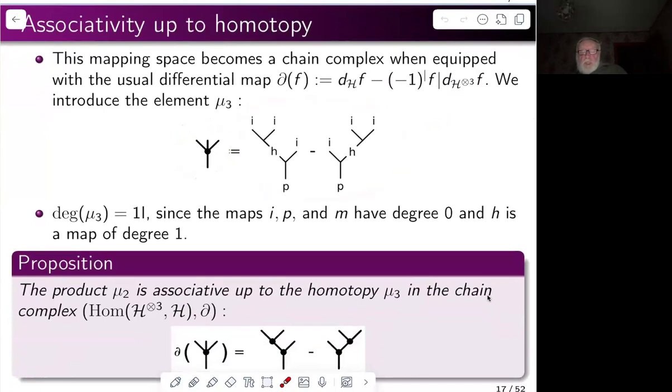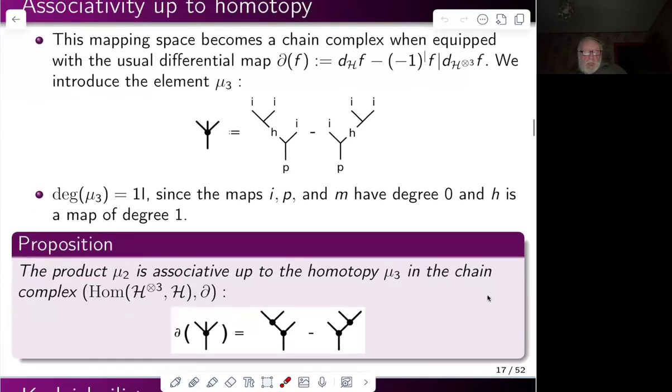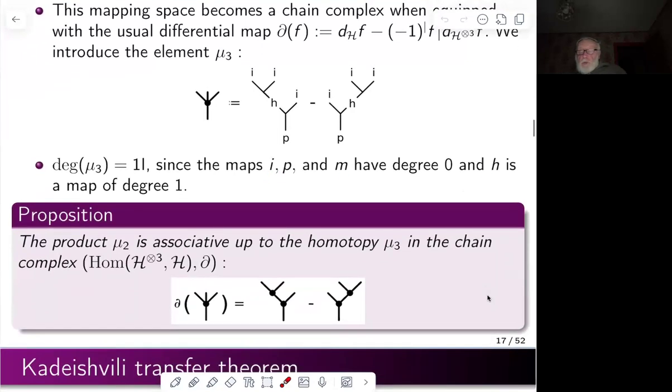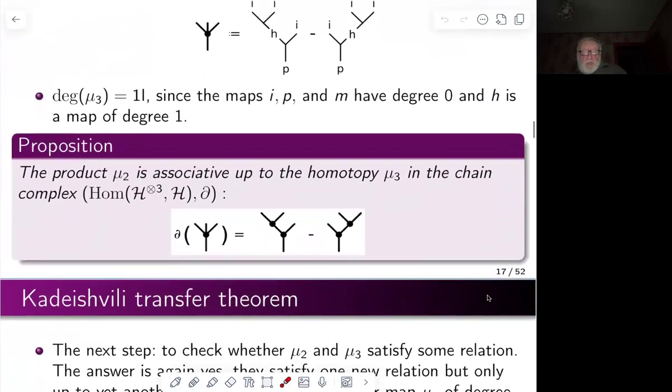And we suppose that this associator has degree 1, since our maps I, P, and M have degree 0, and homotopy has degree 1. So the proposition is the following.